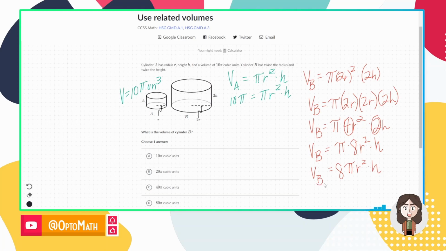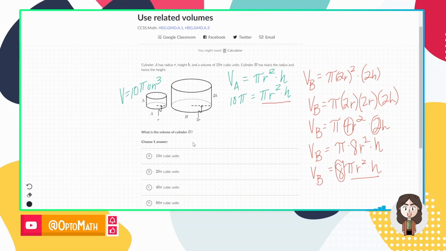Now let's analyze, because now we have pi R squared H and pi R squared H in both of our volume formulas. So what that means is that the volume of the second cylinder, volume B, is 8 times the volume of cylinder A. 8 times.